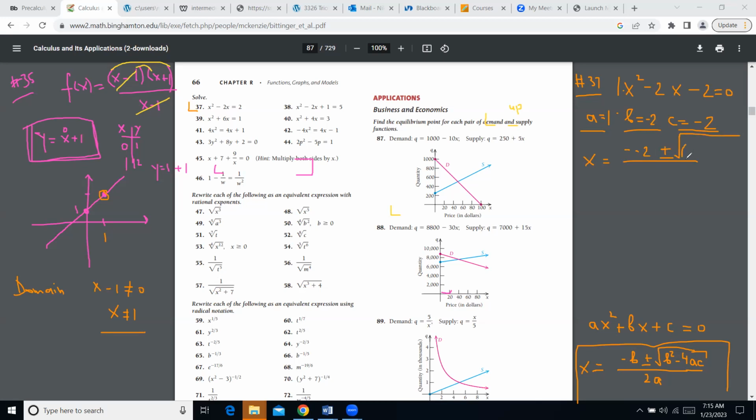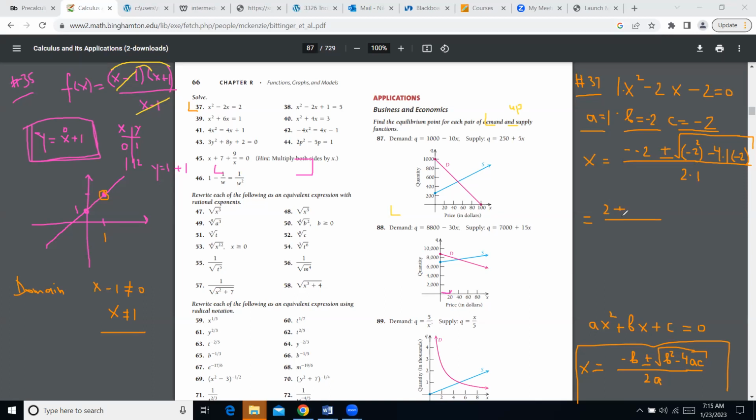And then a square root of negative 2 squared, b squared, minus 4 times a times c. So 4 times 1, that's a, and c is negative 2. So here I have this fraction, and the denominator is 2 times 1, 2 times a. So now you need to simplify and get the answer, right?